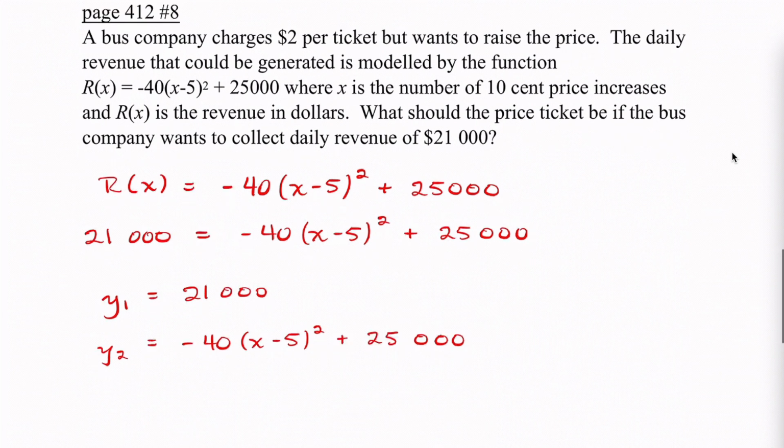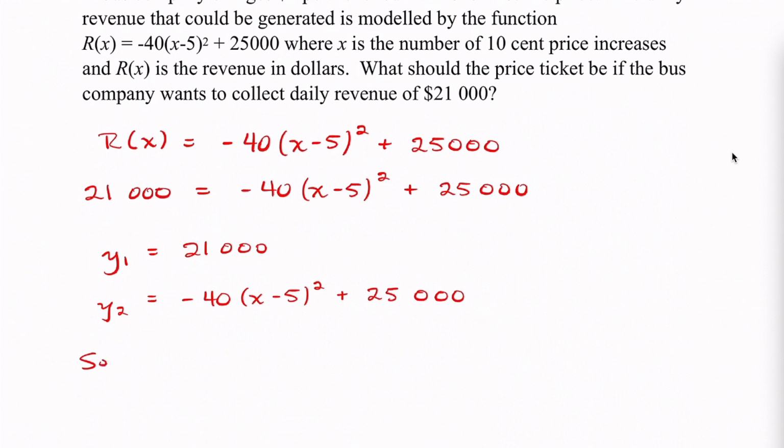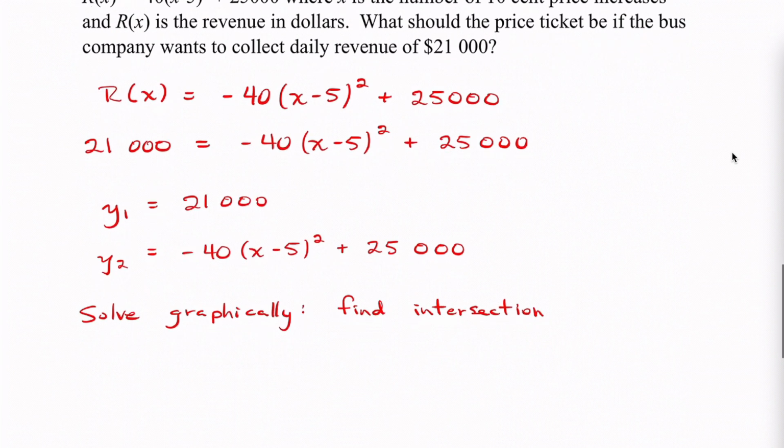So once we have that, to solve graphically, all we do is we find the intersection. So wherever these two graphs cross, the y1 and the y2, that intersection point is going to be our solution. Okay, so let's graph this and see what it looks like.